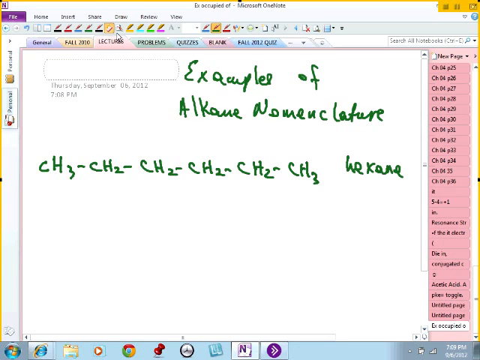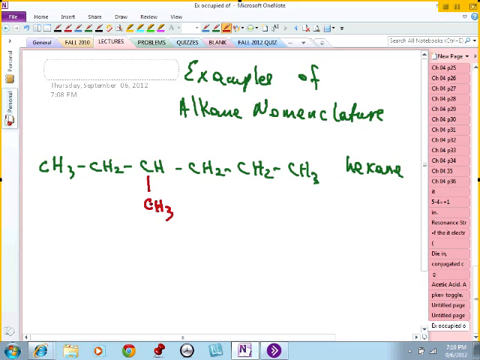Now, supposing I remove one of these hydrogens and replace it with an alkyl group. What is the name of that alkyl group? It's methyl, right? This now is a branched alkane.